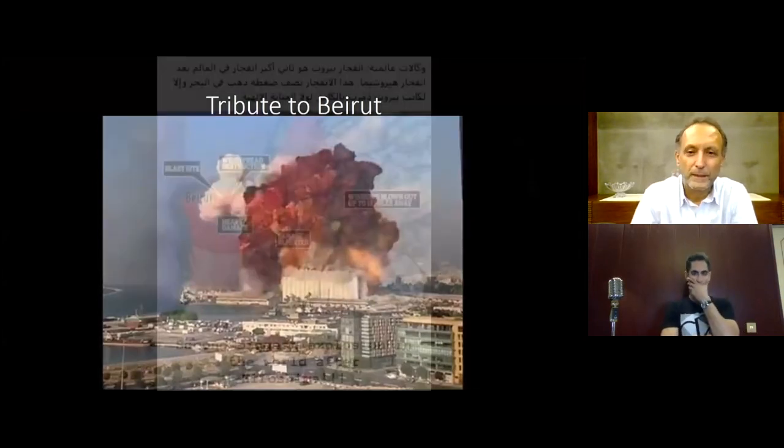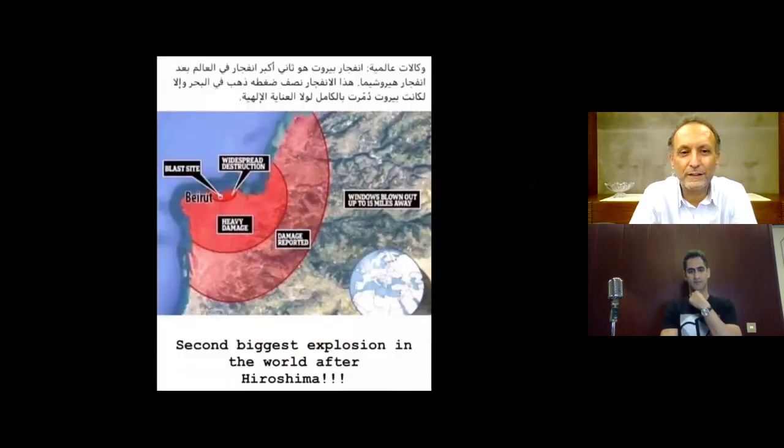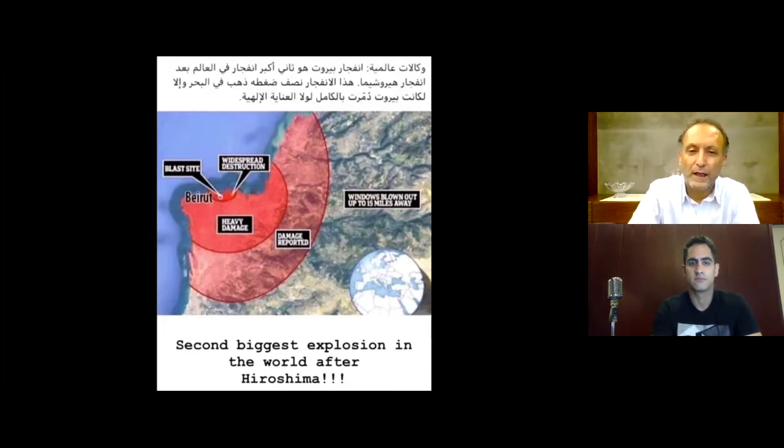As you can see here, the dark red is the center of the blast, which is the port of Beirut, and this is the heavy damage we encountered and damage reported all around this area. We have 300,000 people displaced, more than 100,000 houses completely destroyed, 5 hospitals, more than 200 deaths, and more than 6,000 people injured.